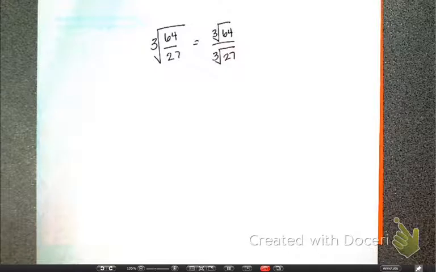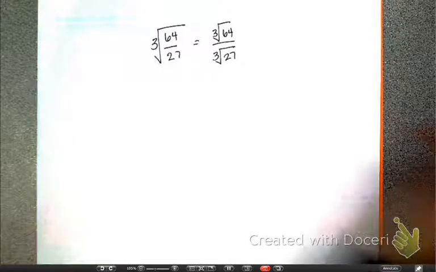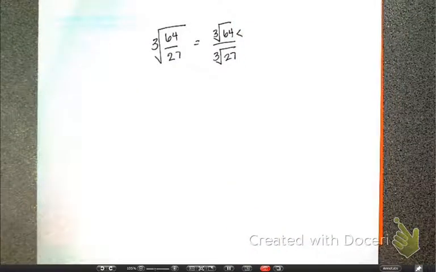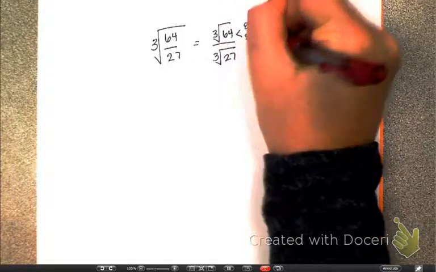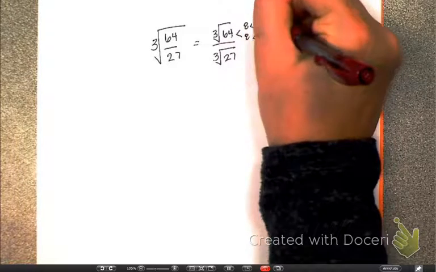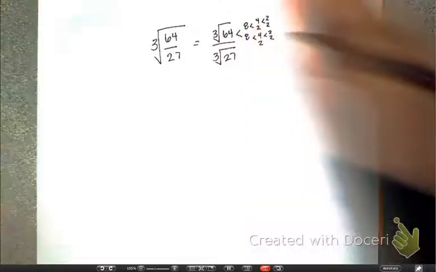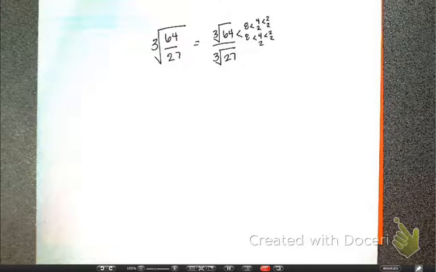And again, I'm going to show you 2 ways to do this so that you can pick the way that you like the best. So if we follow what we've been doing for square roots, we would factor. So what numbers go into 64? 8 and 8, and then 4 and 2, 4 and 2, 2 and 2, 2 and 2. And for square roots, we found pairs. What do you think we would find for a cube root?